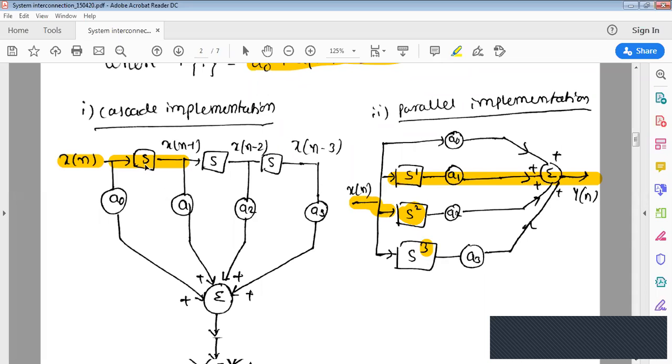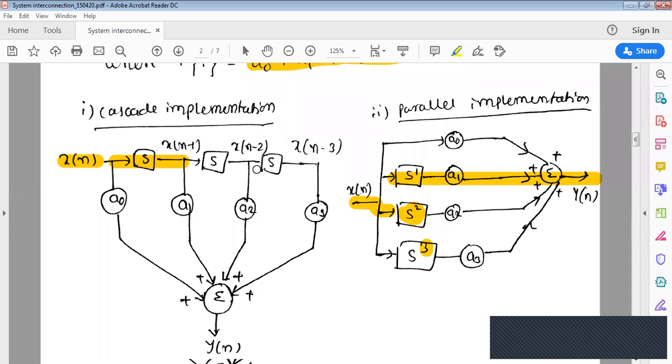So, when compared with the cascade implementation, the parallel implementation needs 3 plus 2, 5, 6 delays, but here you need only 3 delays. Therefore, cascade implementation is advantageous because it needs fewer delay elements. But the parallel system is faster because all the three paths are independent of each other.